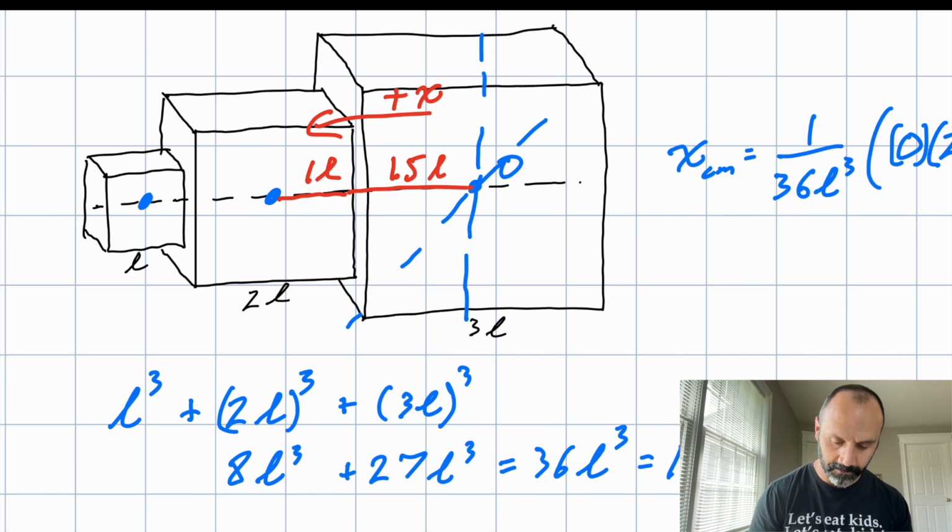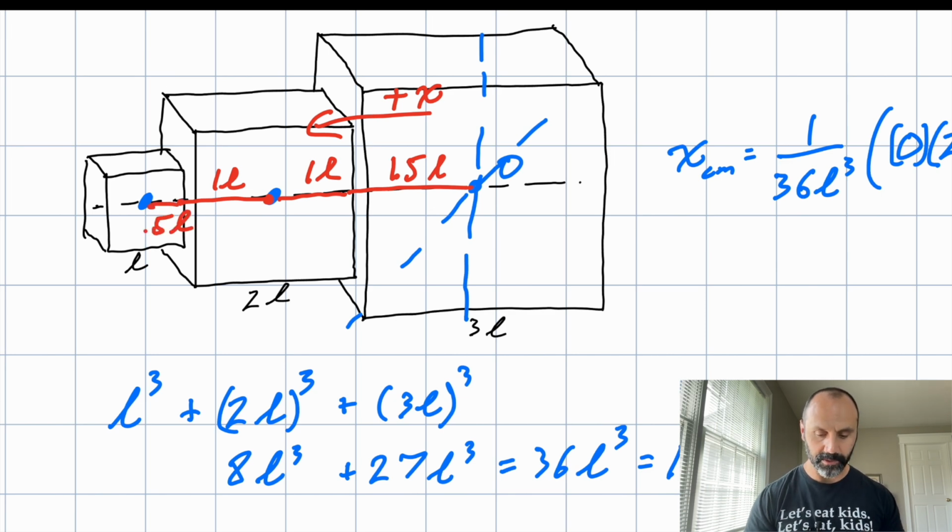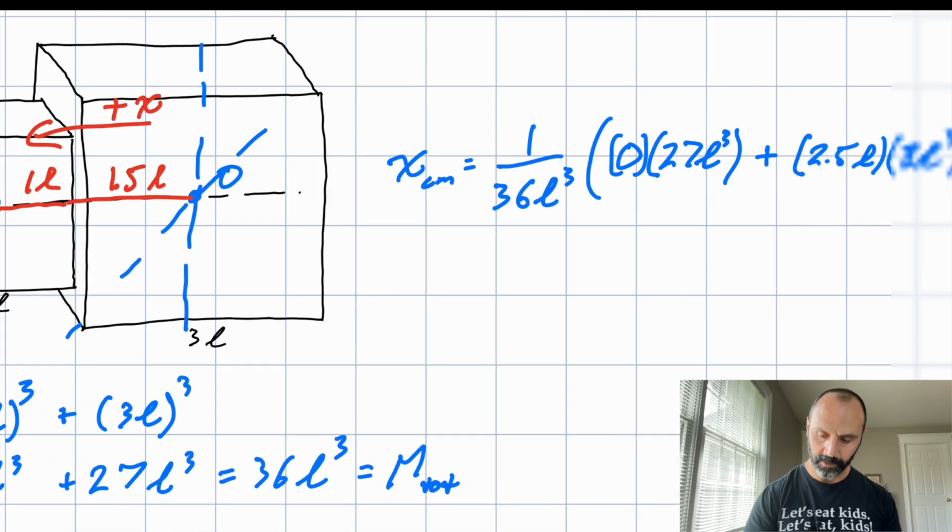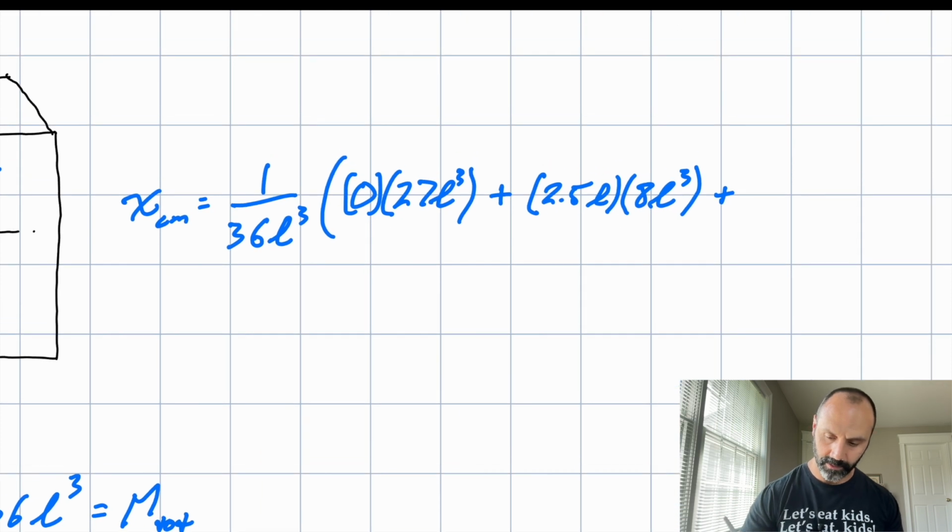Now the tiny cube. From the middle of the middle cube to the edge is another 1 L. And then from the edge to the middle of the little cube is 0.5 L, or half L. So now this comes out to 1, 2, 3, 4 L. So the x coordinate there is 4L times, this one's just L cubed.